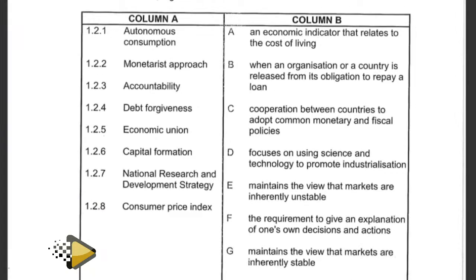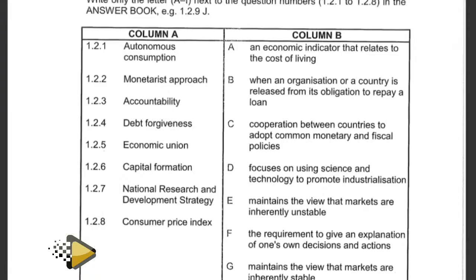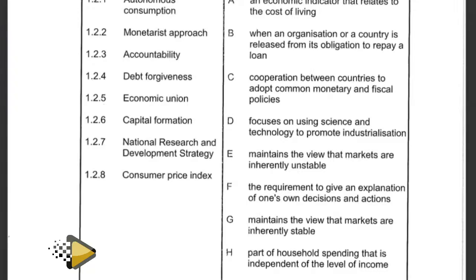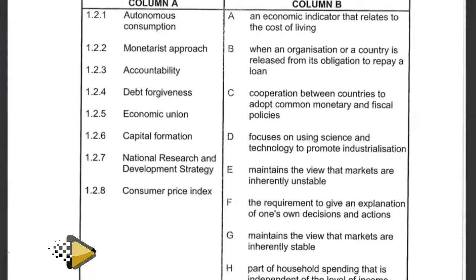So now grade 12s, if you still remember, I always tell you that whenever you are answering this set of questions, make sure that you go through column A and then you create a picture of the given concepts in that column. So now after that, you can move on to column B, where you are provided with the description, the characteristics, the features, the functions, the explanation, the definition, and the likes. Okay, right.